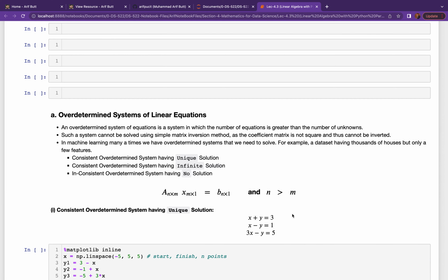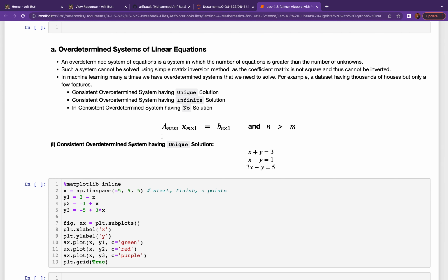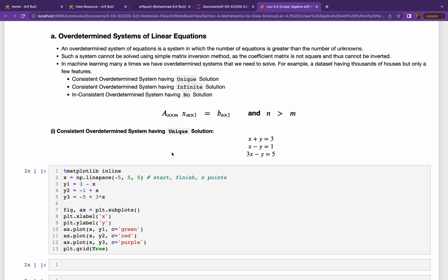Let me discuss these 2 scenarios now in more detail. And the first scenario is an overdetermined system of linear equations, which has more equations than the number of unknowns. And of course, these can be consistent, having a unique solution, or consistent, having infinite solutions, or maybe inconsistent, having no solution. So let me first discuss the first example.